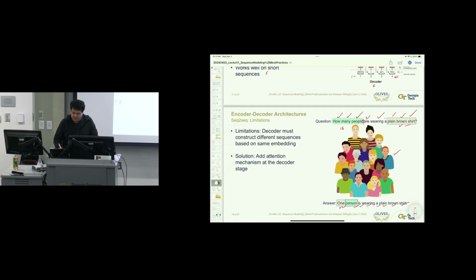But the initial part of the question is telling me that the answer is expecting a number of people, or the question is asking for the number of people, and the answer also needs to talk about it from the perspective of a number of people, which means that the idea of this number here, 1, needs a certain unit with which it has to be quantified.